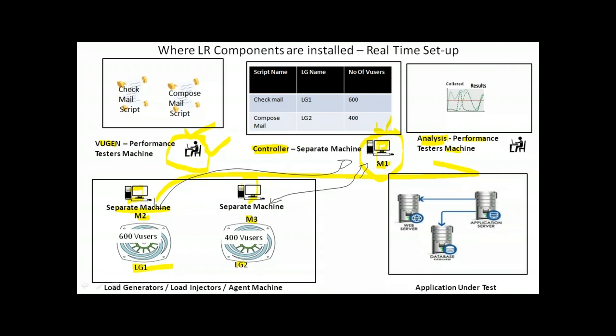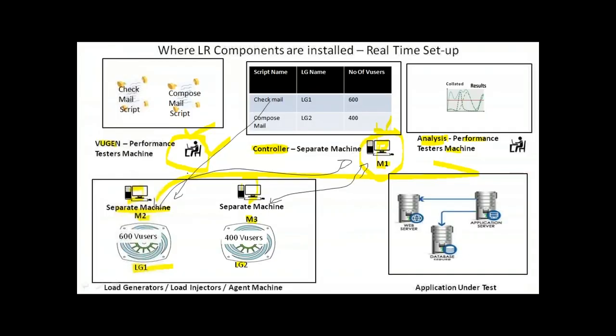Only if the connection is established can the scripts be downloaded from the controller machine to the LG machines. I'll show you how to connect the controller to the LG machines once I'm demonstrating the controller. Or else I'll show it now, just hang on. It's not that difficult.